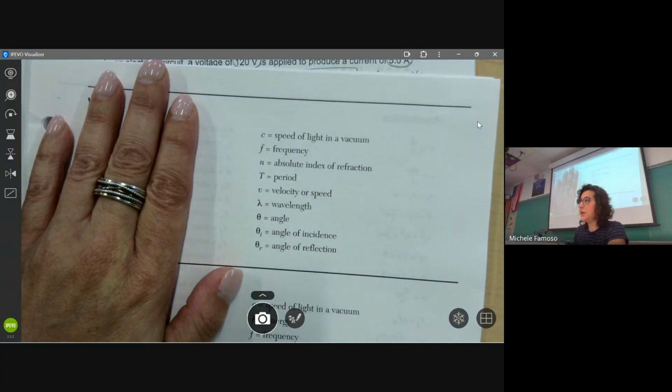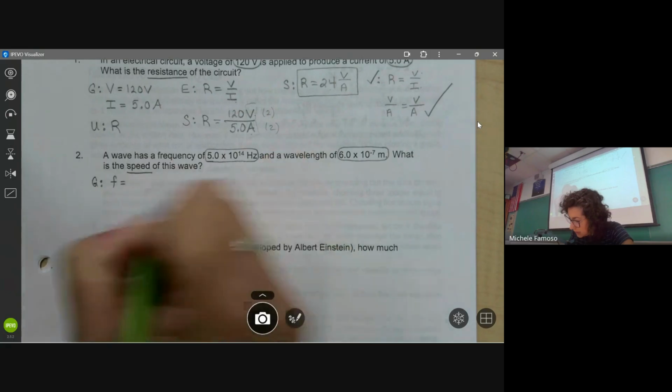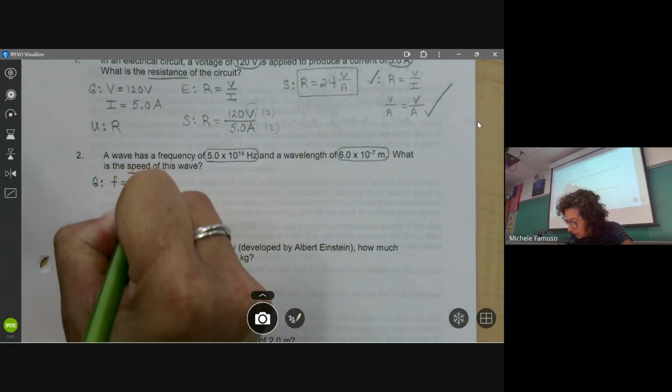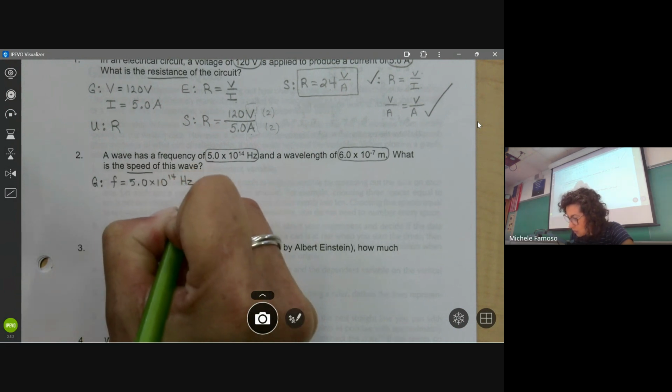Which one is identified as frequency? Okay, go to the waves page, my dear. There you go. F. F is frequency. So we're going to say that F is this measurement, 5.0 times 10 to the 14 Hz.